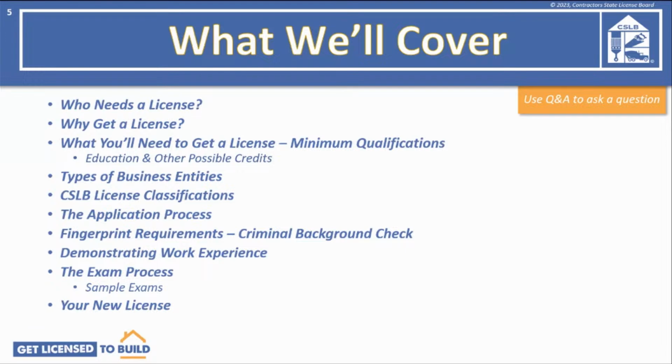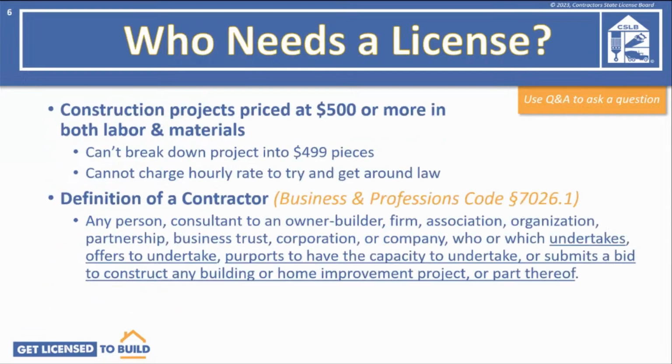We will spend a lot of time giving you tips on how to fill out your applications, including how to demonstrate your work experience to meet the minimum qualifications. Fingerprint requirements for a criminal background check. We will help you get ready for the exam or exams you'll need to pass in order to get your license. And finally, the other things you'll need to have in place before your license is issued, things like a bond and insurance. First, we'll look at who needs a license.